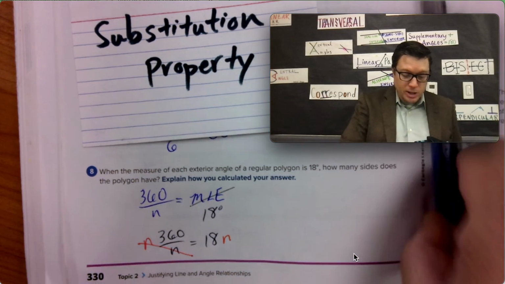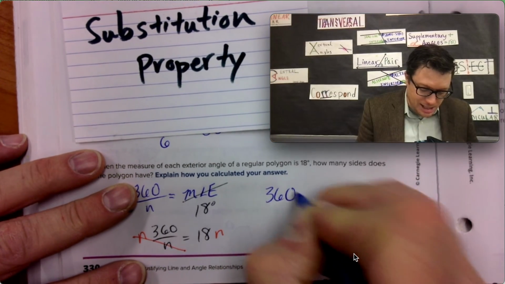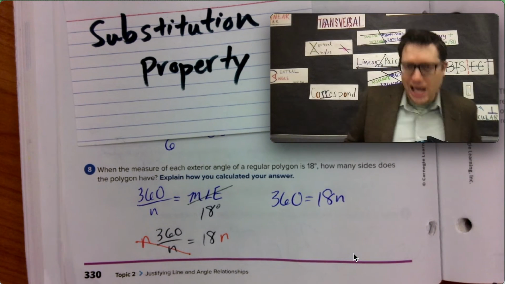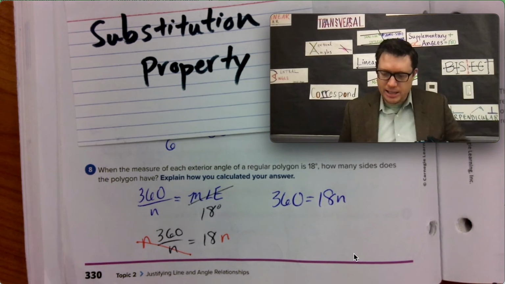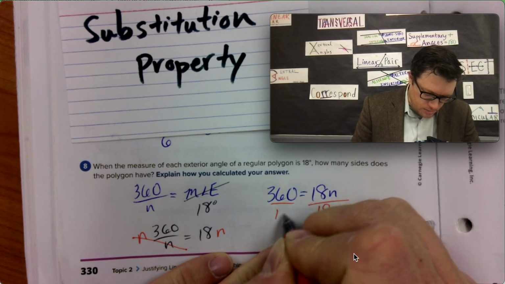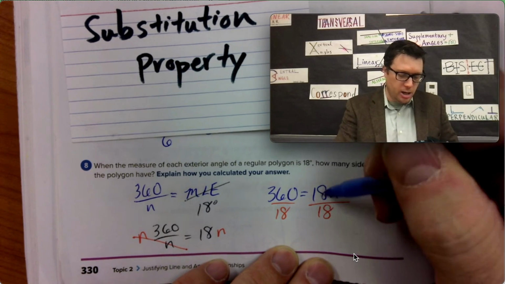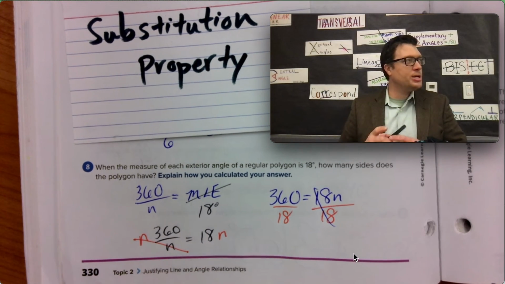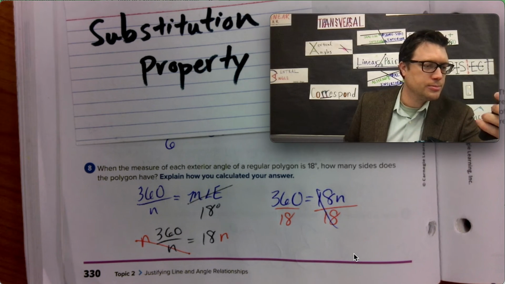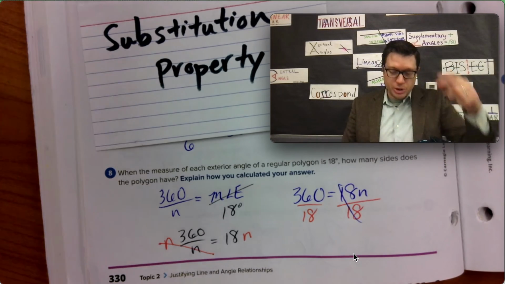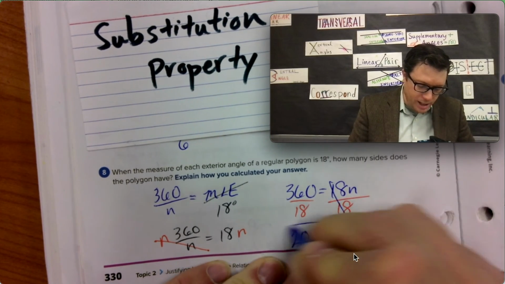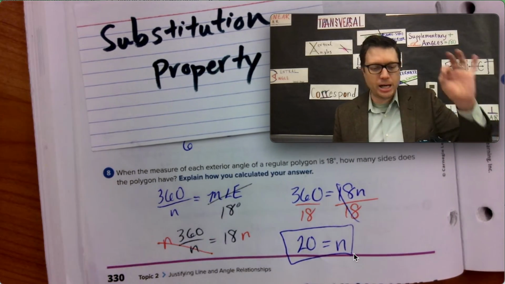You now have 360 equals 18n. So to get the n by itself, divide by 18. I need some help right here. Hey Siri, what's 360 divided by 18? No answer. But I know the answer is 20. So therefore, 20 equals n. We have a 20-sided polygon.